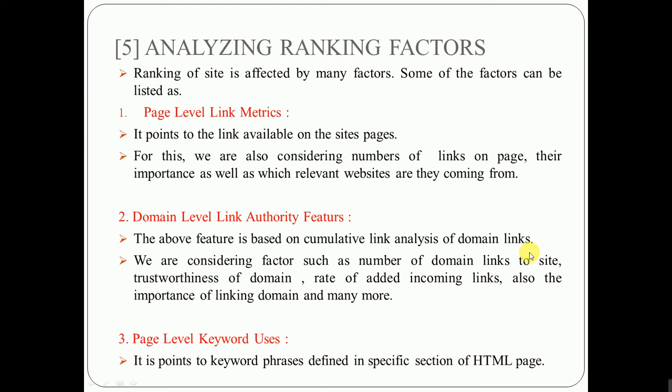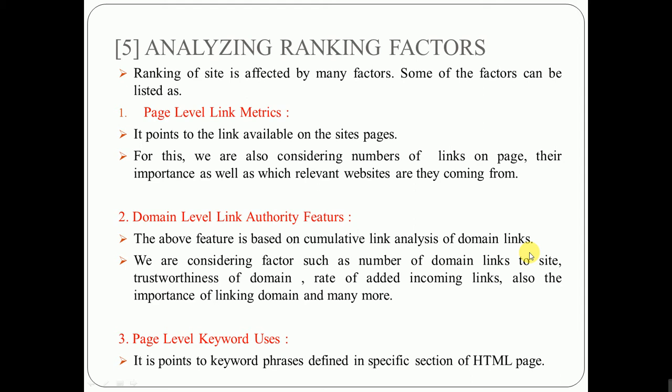Domain level link authority features. The above features are based on cumulative link analysis of domain links. What is called a domain? The name of a website which has been given, like .com, .gov, .in. So these are the domain level link authority.